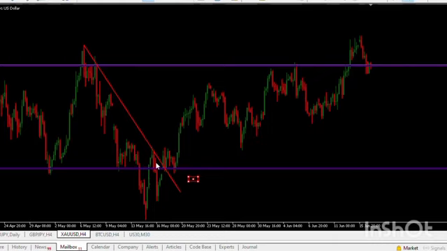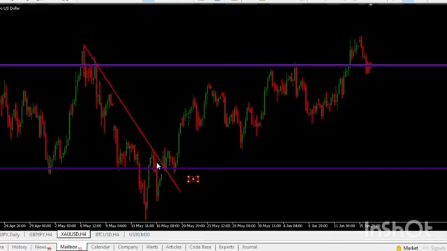Any significant touches upon the wicks or shadows of any candlestick, particularly on a big time frame like 4 hours, make a valid trend. And when there are multiple touches on your horizontal, that is how to spot and identify valid support and resistance.